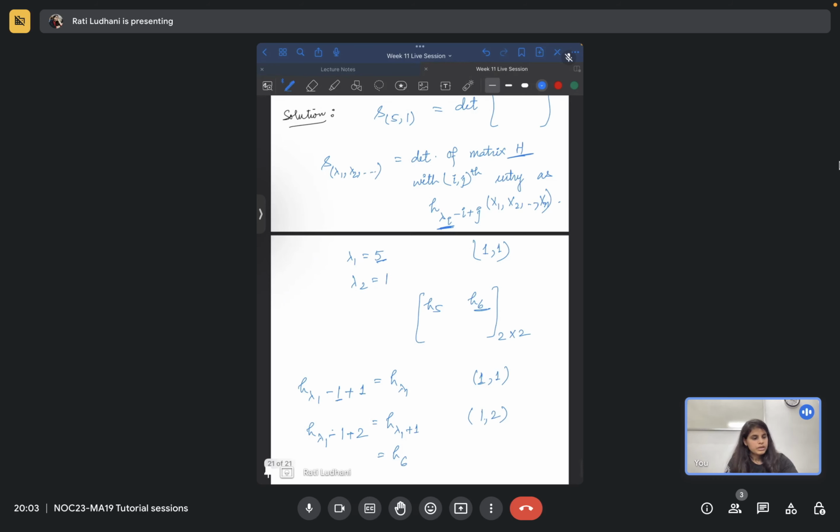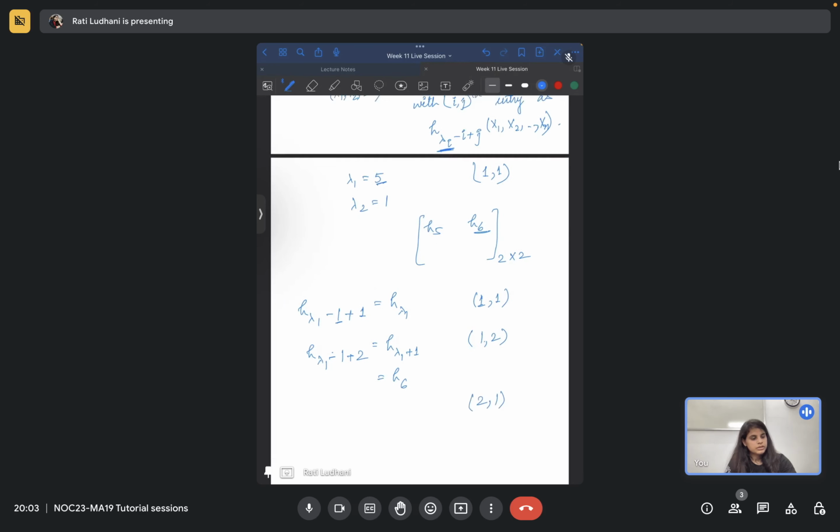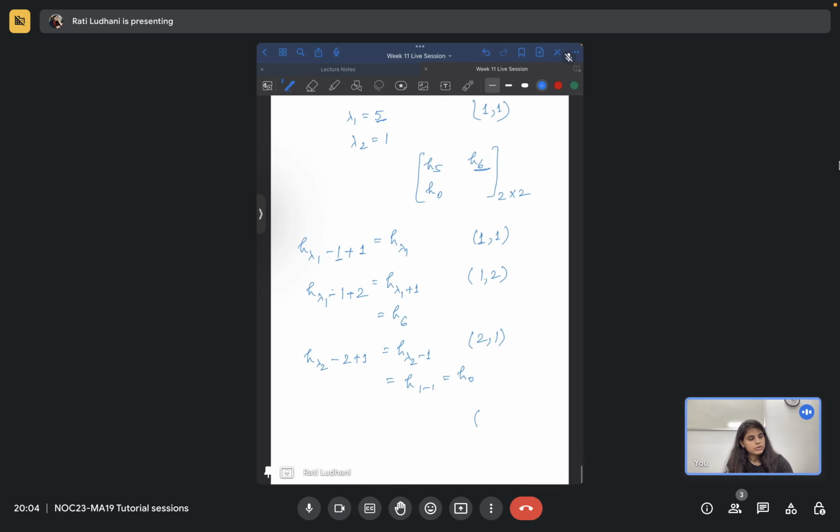And for the (2,1) entry you'll get h_{λ2 - 2 + 1}, that is h_{λ2 - 1}. What is λ2? λ2 is 1, so this is 1 minus 1, that is 0, and h0 we consider as 1 by definition. Now the (2,2) entry: λ2 - 2 + 2 is h_{λ2}, and λ2 is 1, so you will get h1.